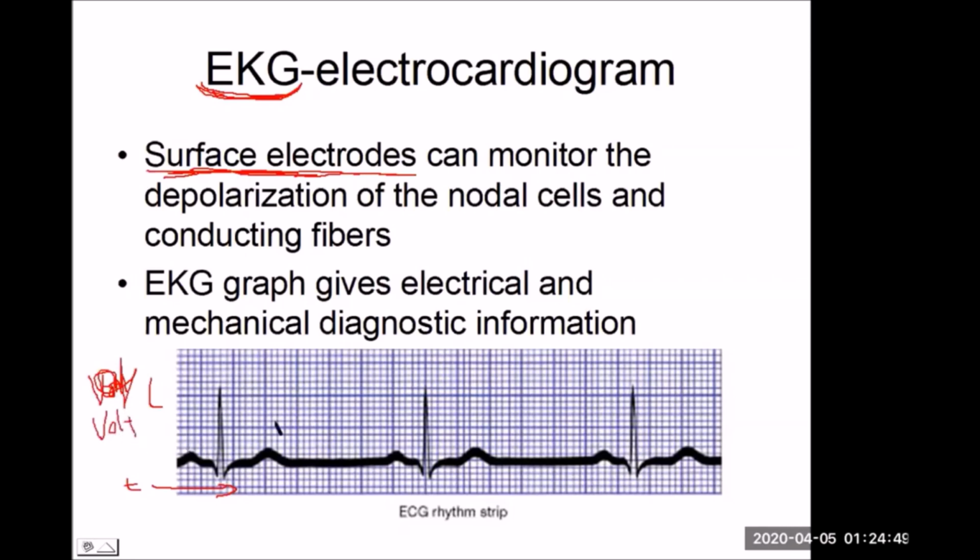So those are the only two things that are on this graph, just time and voltage. But based on this graph and an understanding of the graph, we could interpret and infer and make a diagnosis about the health of the heart.